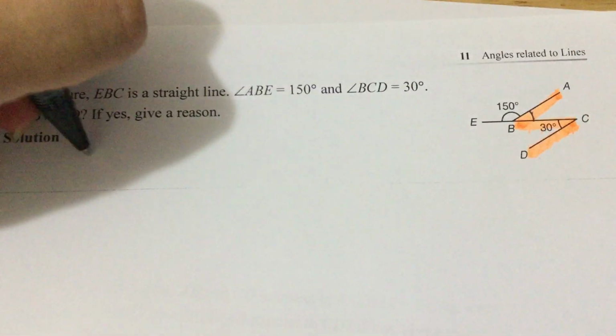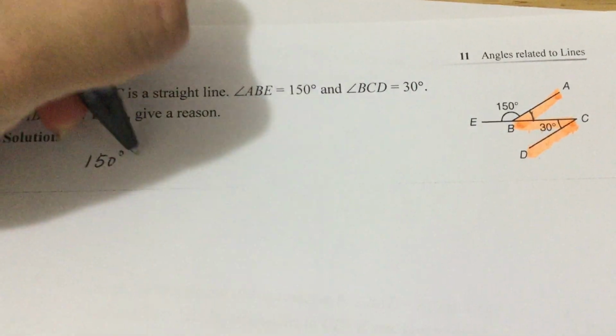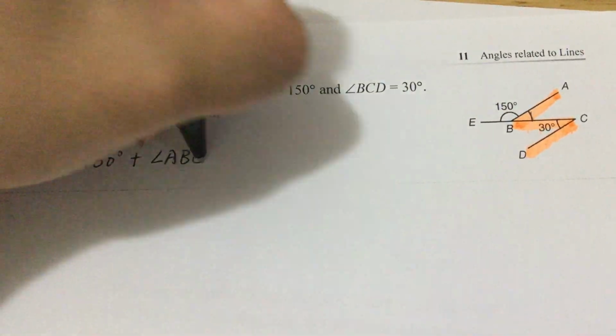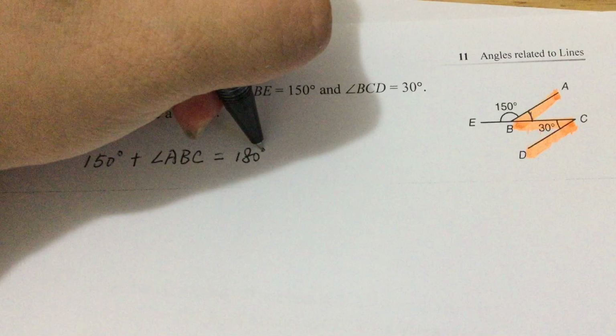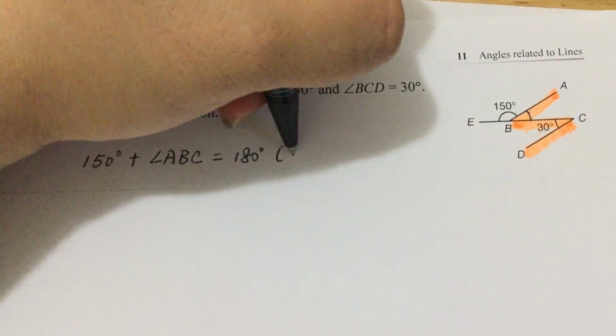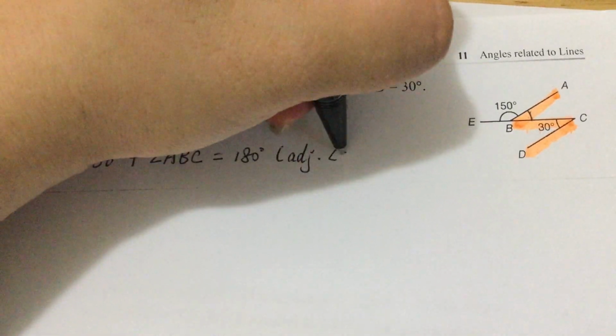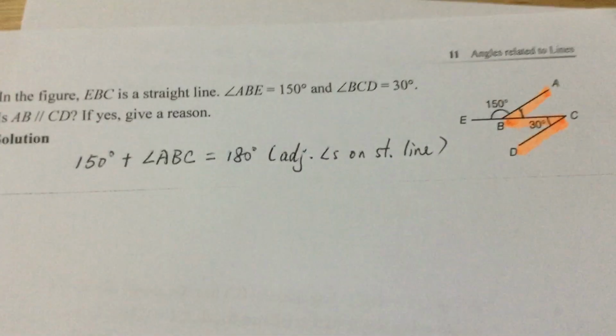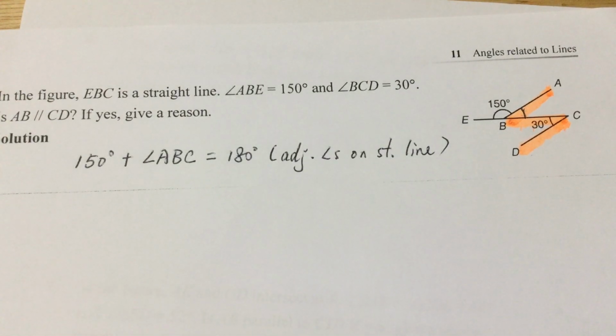Okay, 150 degrees plus angle ABC, we know this is 180 degrees. The reason we know that is called adjacent angles on straight lines. So you must memorize all these reasons before you do the calculation.